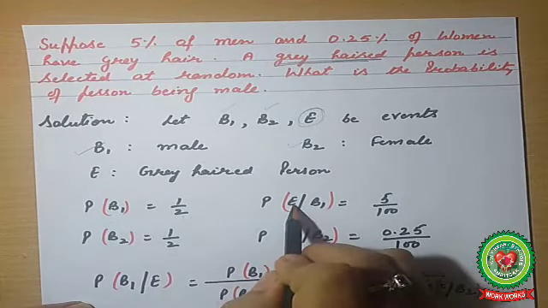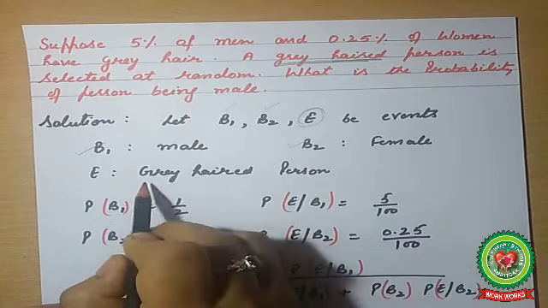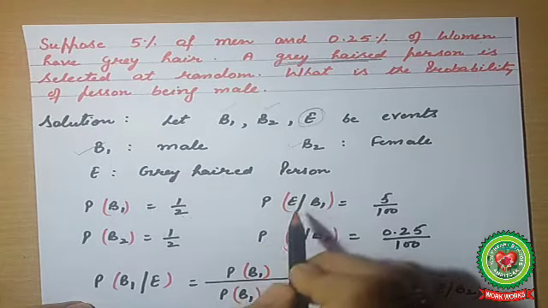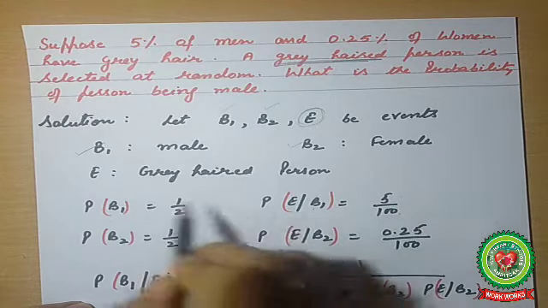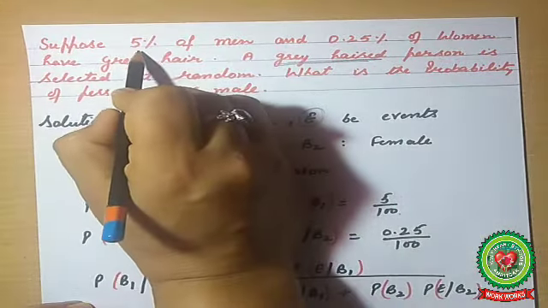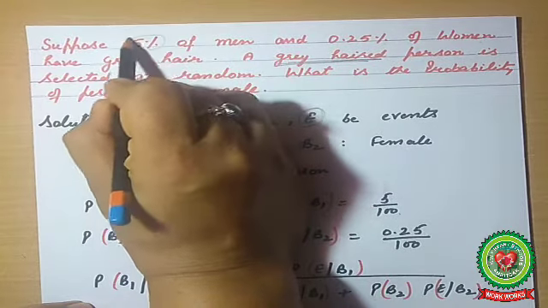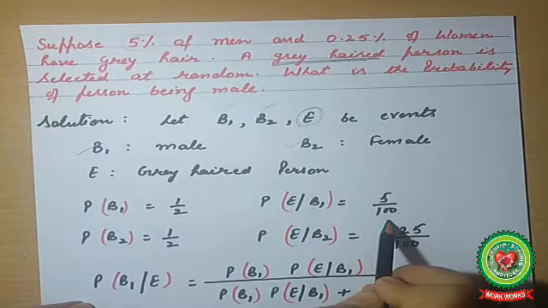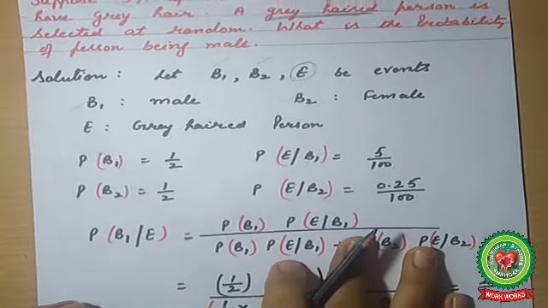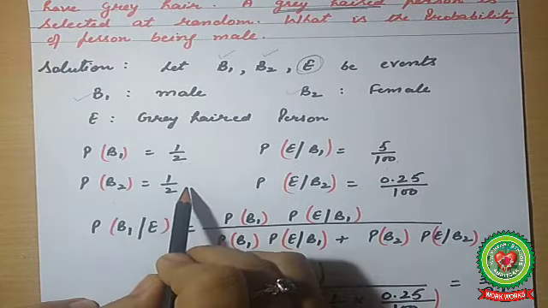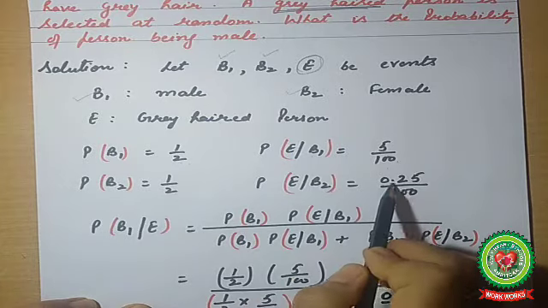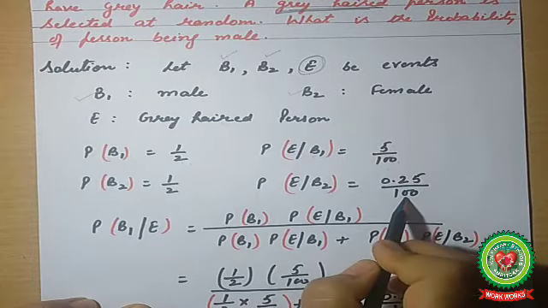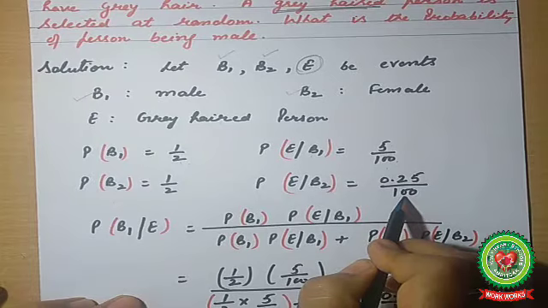Now, a grey-haired person is E, so with condition B1 it will be equal to 5 by 100, because B1 is male and 5% of males are grey-haired. Same case for P(B2), which is 1 by 2 again. For women, it is 0.25%, so it will be 0.25 upon 100.